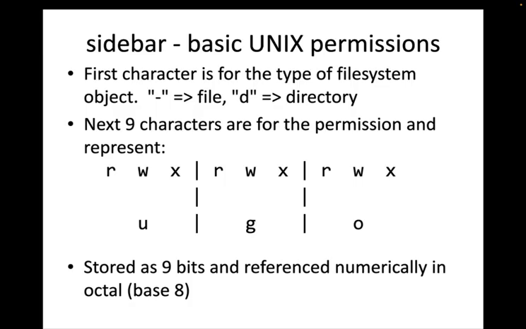Because if you have 3 positions that have 2 possible values, the possible number combinations is 2 to the 3rd, which is 8. So a lot of times we do things in hexadecimal, but these are one of the things in Unix that are in base 8.